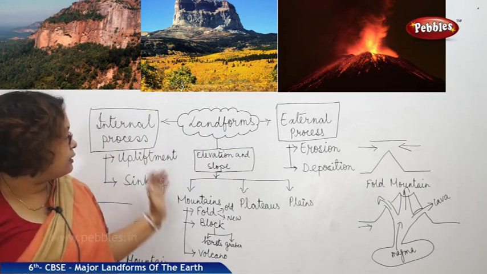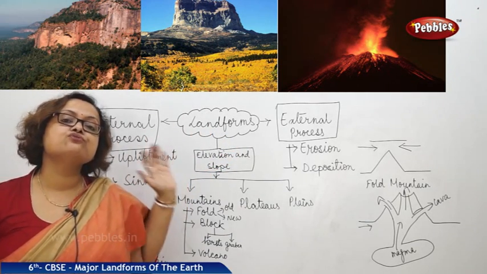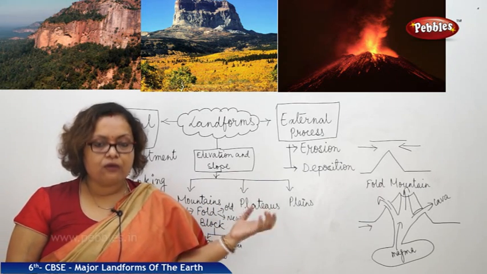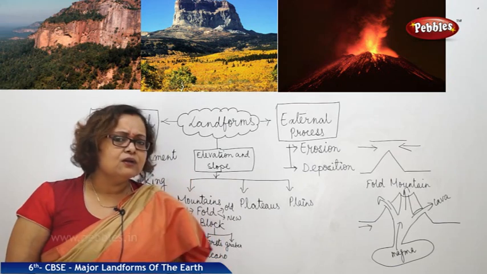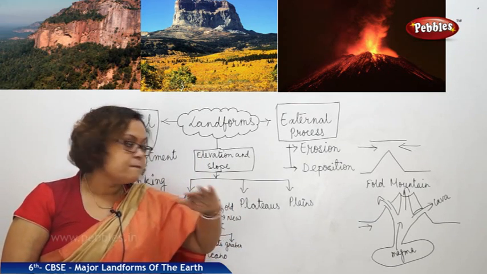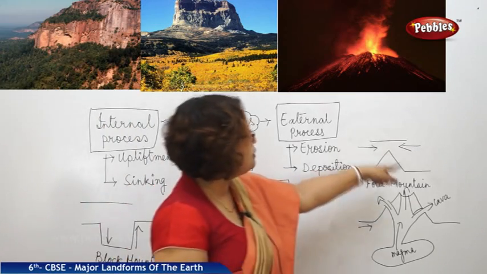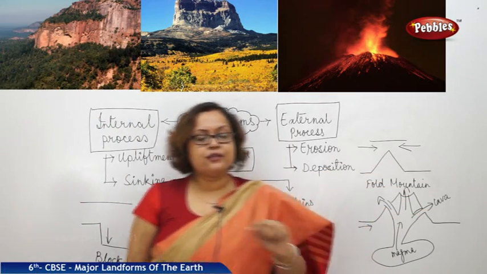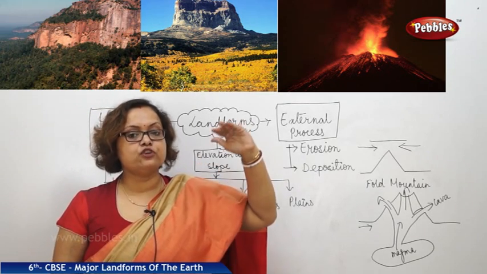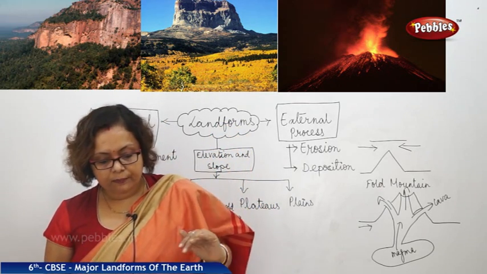The height for mountains can be 4,000 to 6,000 meters, whereas for plains it is 200 meters. Mountains have conical peaks, but a plateau is flat land with more elevation, so we call them plateaus.